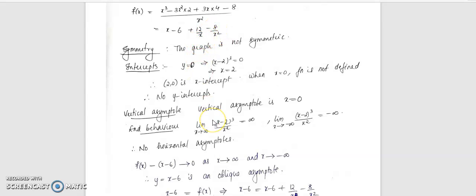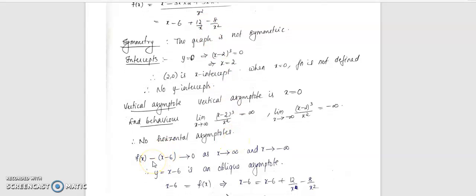And as x approaches minus infinity also, the value is going to be 0. So f of x minus (x minus 6) goes to 0 as x tends to infinity and x tends to minus infinity. So you get a line here, y equal to x minus 6. So y equal to x minus 6 is going to be an oblique asymptote.